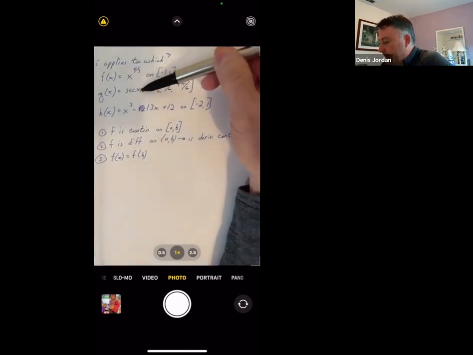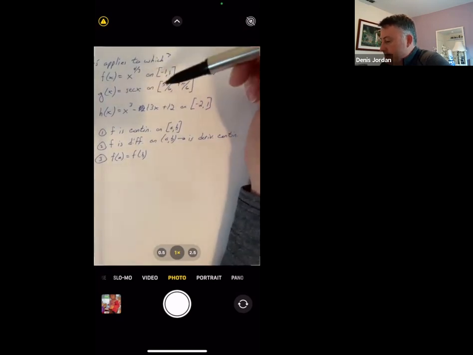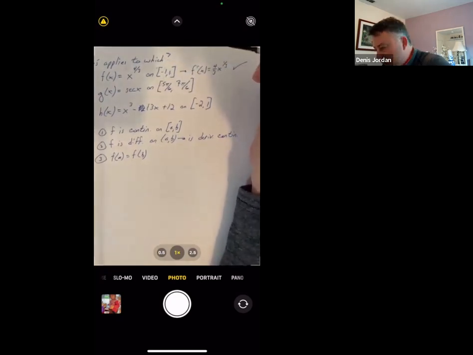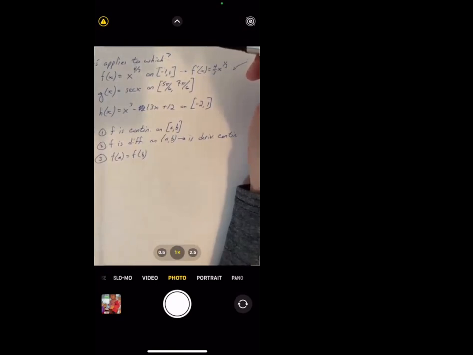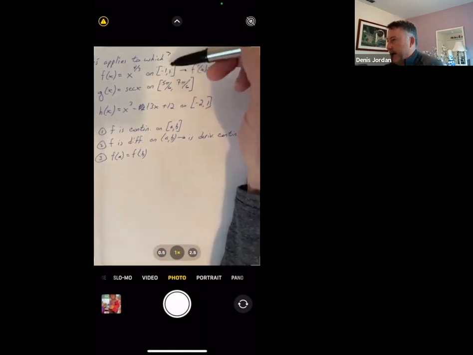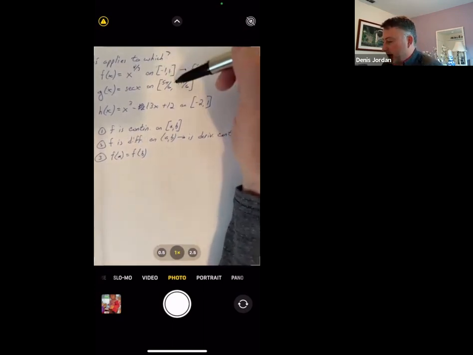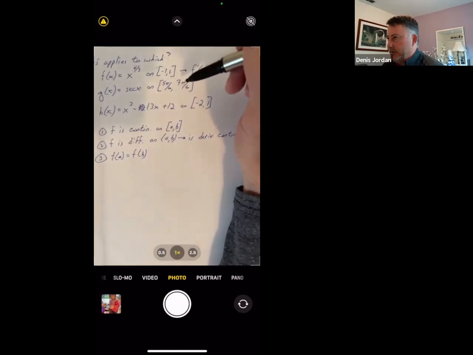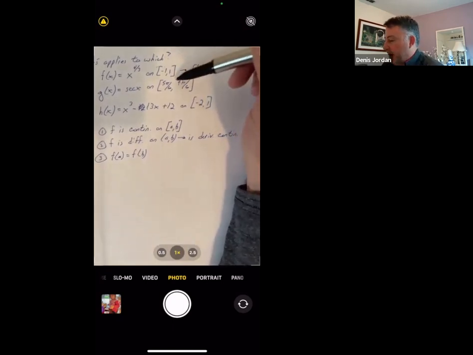So you can move on to the second one. For secant, is it continuous on this interval? Yes. Secant has vertical asymptotes, but they're at the pi/2s: pi/2, 3 pi/2, 5 pi/2, and none of those are in this interval. So it's continuous.